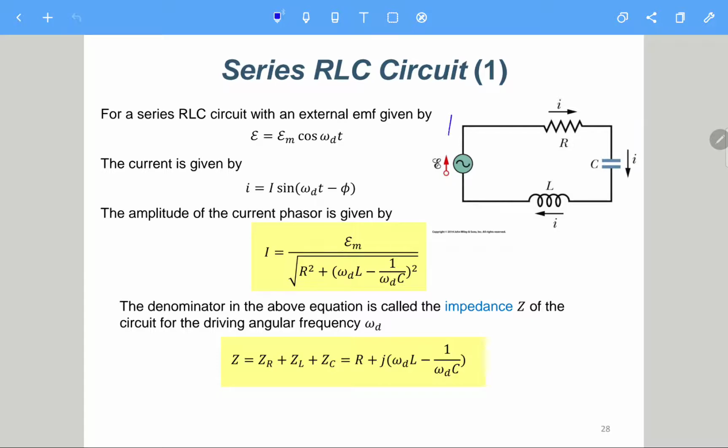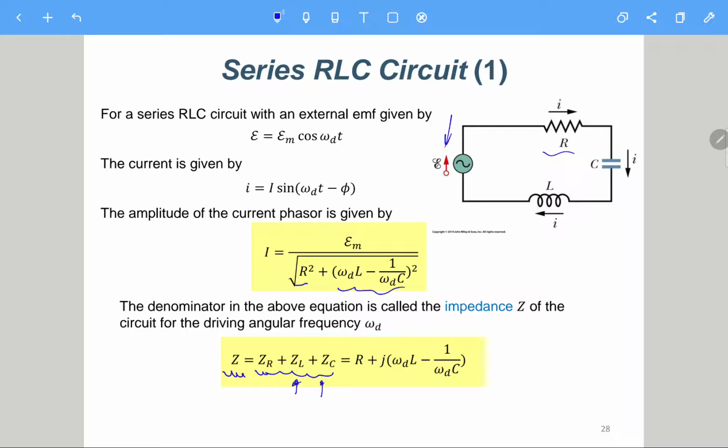So here, this is the EMF, and then these are 3 elements in series, which means that the total impedance for the RLC will be found by adding them together. In the textbook, it does not mention that the phasor of the L and C should be an imaginary number.